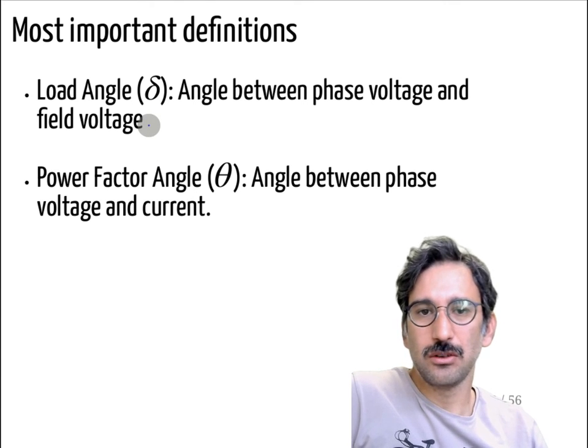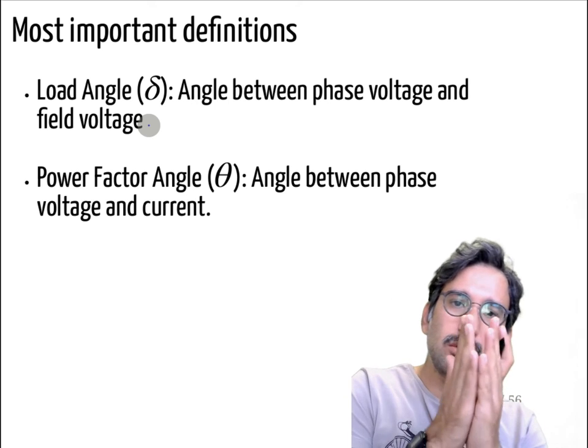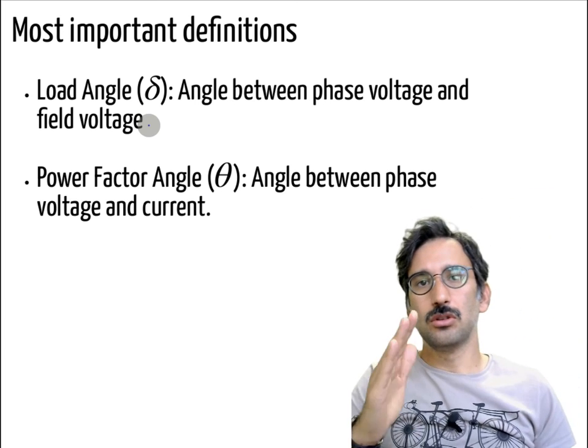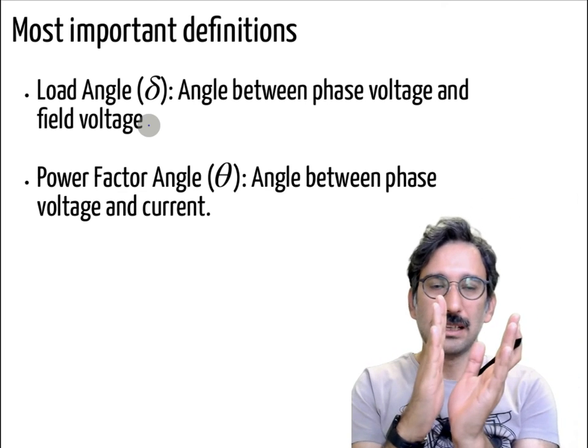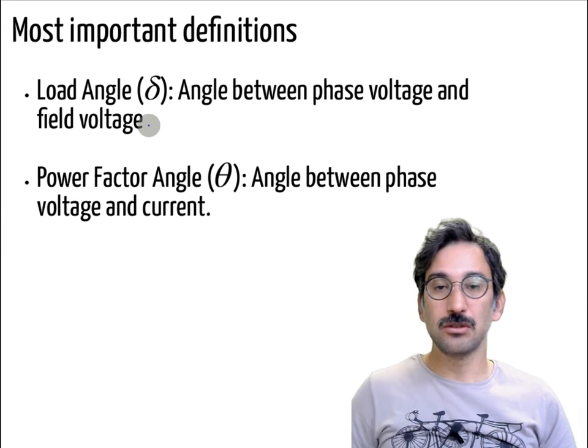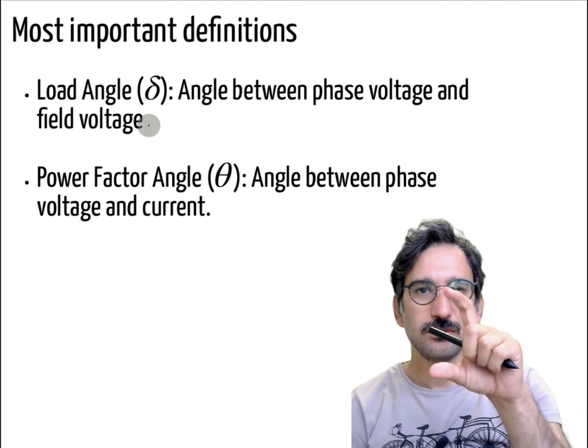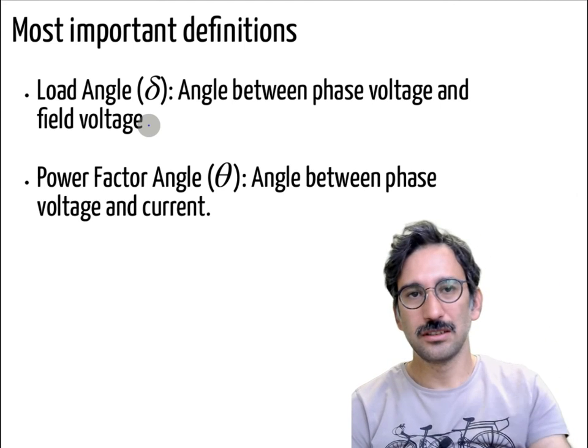The first one is the load angle. Physically, the load angle is the angle between the rotor field flux and the stator flux, or it is equal to the angle between the induced voltage phasor and the terminal voltage phasor.